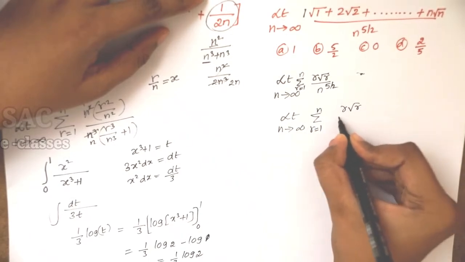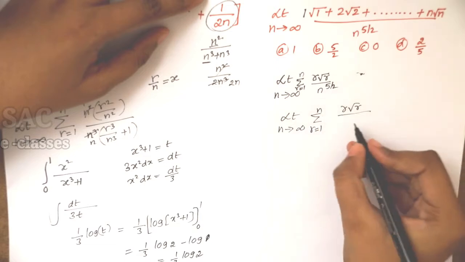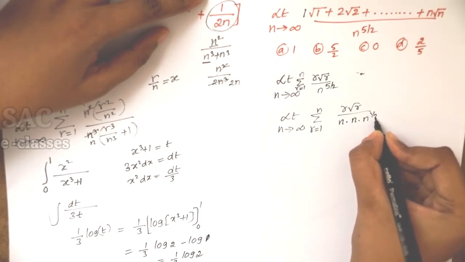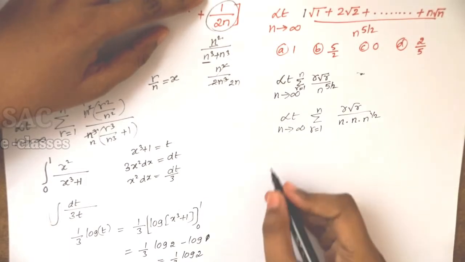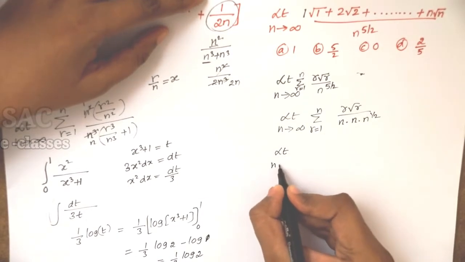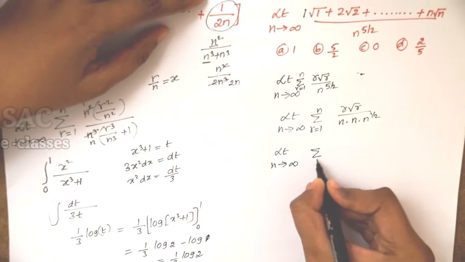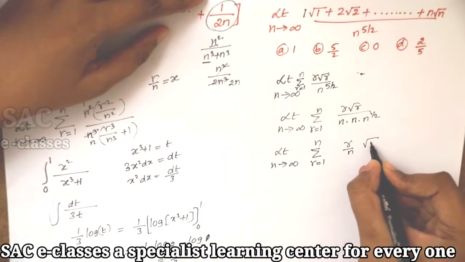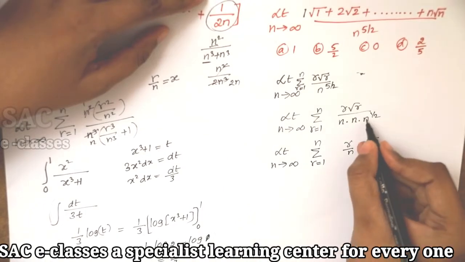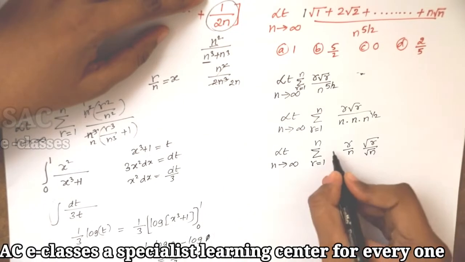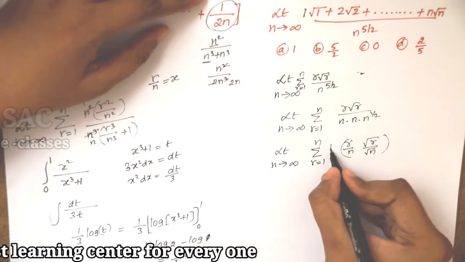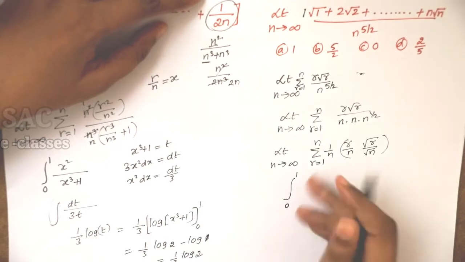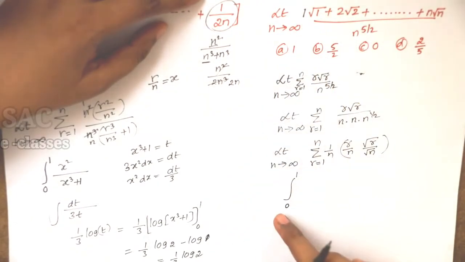Can I write this n power 5 by 2 as n into n power 1 by 2? Yes, we can write. Now limit n tends to infinity, sigma r equal to 1 to n, (r by n) root (r by n), power 1 by 2, I am writing as root n into already n is left, so 1 by n. Now you can write 0 to 1 because it started with 1.